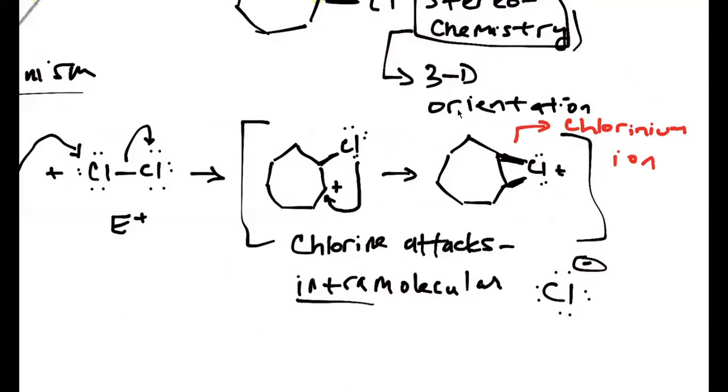So think about it. If this is on a wedge, coming up out of the page, right? The other chlorine, when it comes in to attack, it's not going to attack from the same side where that chlorine is. So it's got to come from the opposite side. So when this comes in to attack here, right?